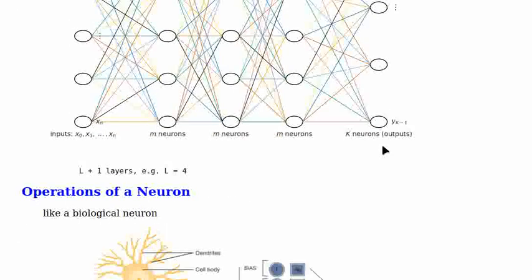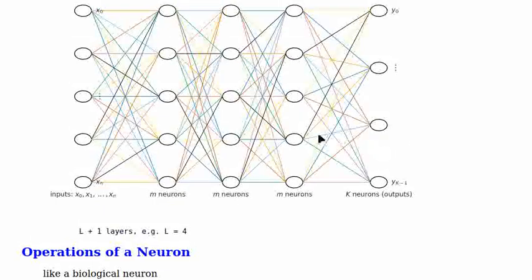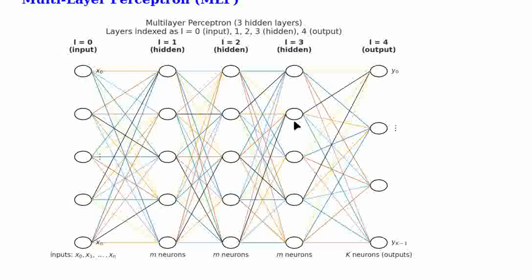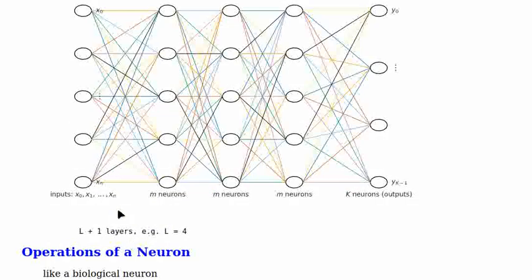In our discussion, we say that the network, or the multilayer perceptron, has L plus 1 layers. For example, here L is equal to 4, so from 0, 1, 2, 3, 4. This is the L layer, the output layer.